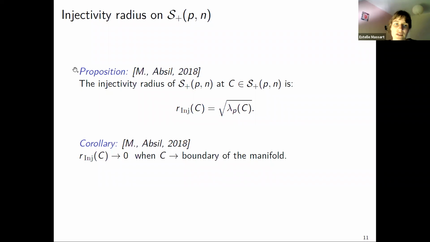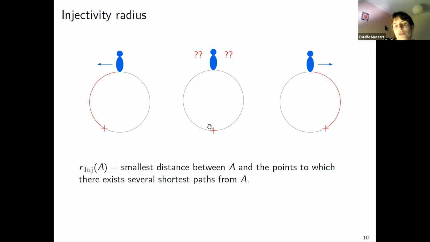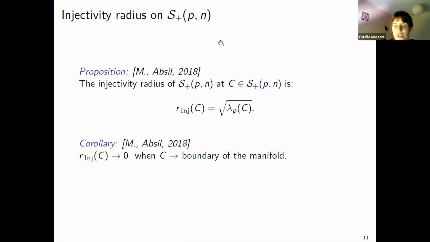And so we can show that for our manifold, the injectivity radius at a given point C is, and this is something I should have said, for the circle the injectivity radius does not depend on where we are, because there is a kind of symmetry. Starting from that point or from that point, you will always have the antipodal point as the closest point for which you have two shortest ways. So the injectivity radius is equal to pi everywhere for the circle. But in our case, it depends on the location on the manifold, and it's equal to the square root of the p-th largest eigenvalue of our covariance matrix.